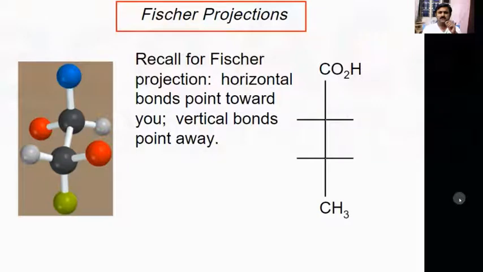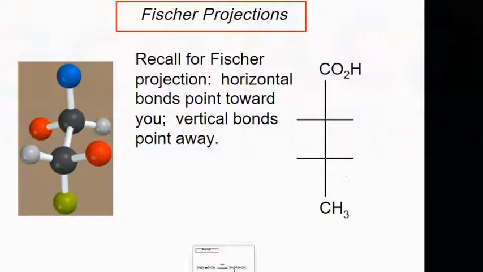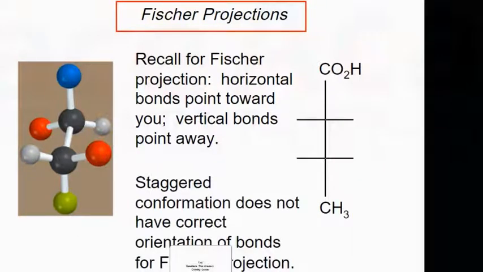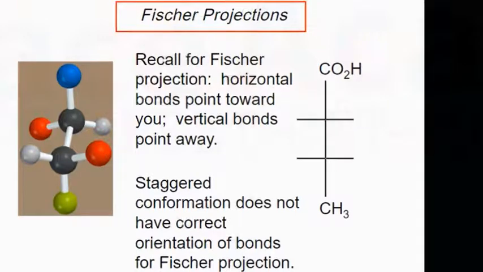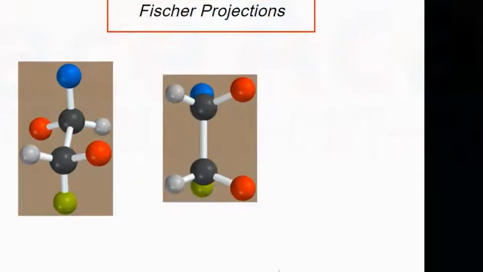Horizontal bonds point toward the viewer. See, a staggered conformation does not have the correct orientation of bonds for a Fischer projection. See the other one, this is the projection formula.